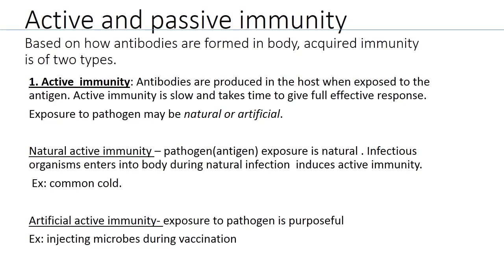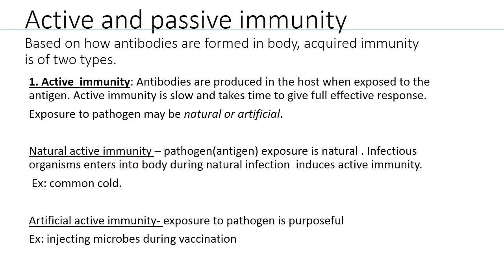That means once you have suffered from any kind of disease caused by a pathogen, you will not get the same disease in the future, because your body will be protected. Your body will already be ready with the antibodies, so that in the future you will not get the same disorder. That is how the active immune system works.